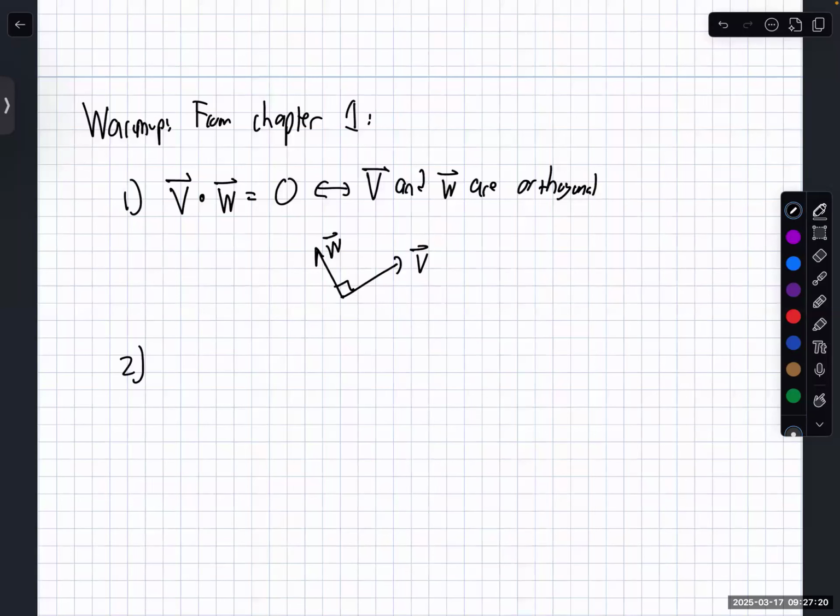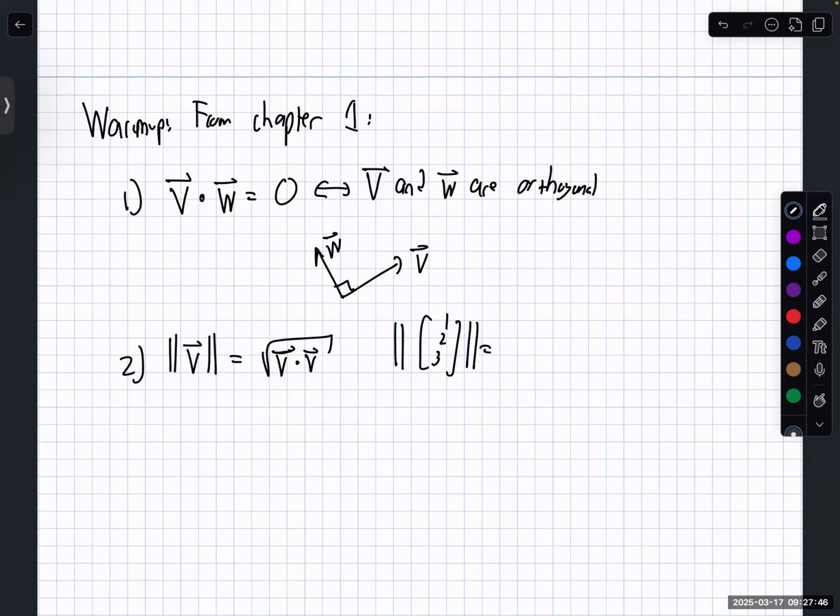And then another interesting fact, hopefully you remember this, to calculate the magnitude of a vector, it's the square root of the dot product with the vector itself, right? Hopefully you can see that.